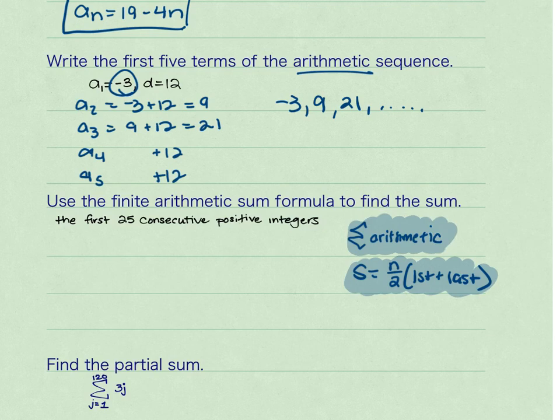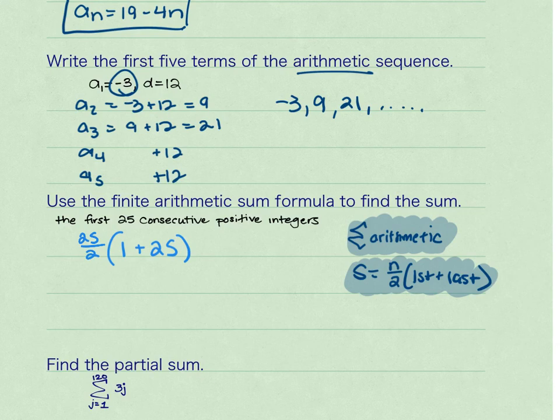So what's the first term in the first 25 consecutive positive integers? 1. What's the last term? 25. How many numbers are in the first 25 consecutive integers? 25, because you start at 1, so the last one is the number of terms. If it goes from 5 to 25, we have to do 25 minus 5 plus 1.